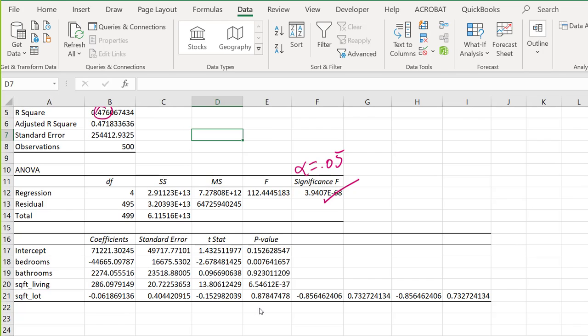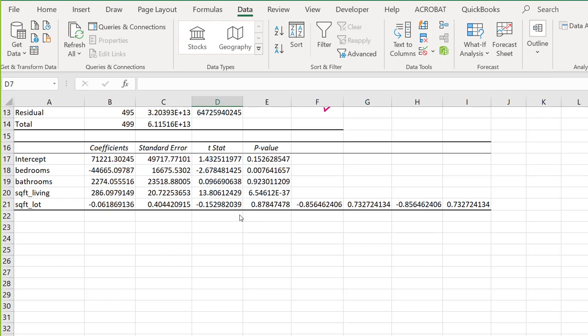And when I look at the p-values here, I ask whether or not they are below alpha 0.05. And this one is not. It's the intercept. I don't care about that. This one is not, this one is not. And so now we have a decision to make.